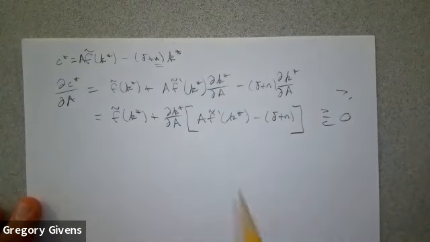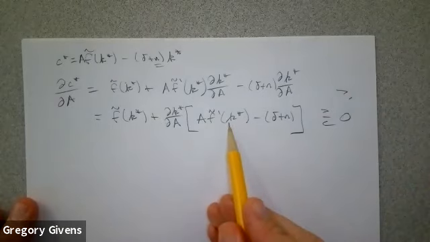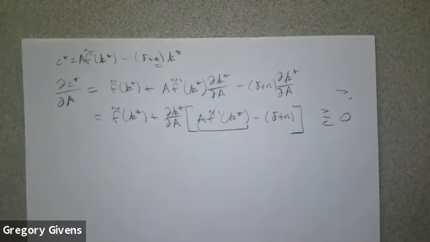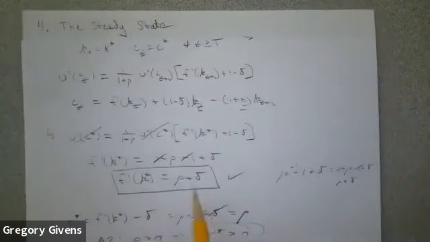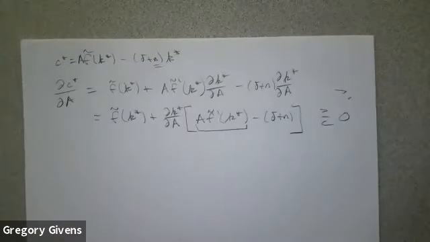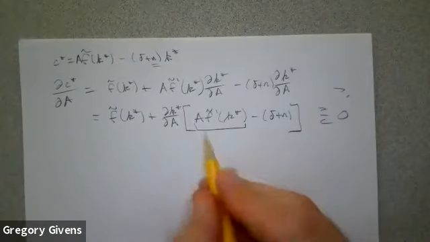But be careful. What's A F prime K star equal to? Rho plus delta, right? We know that from the steady state condition.